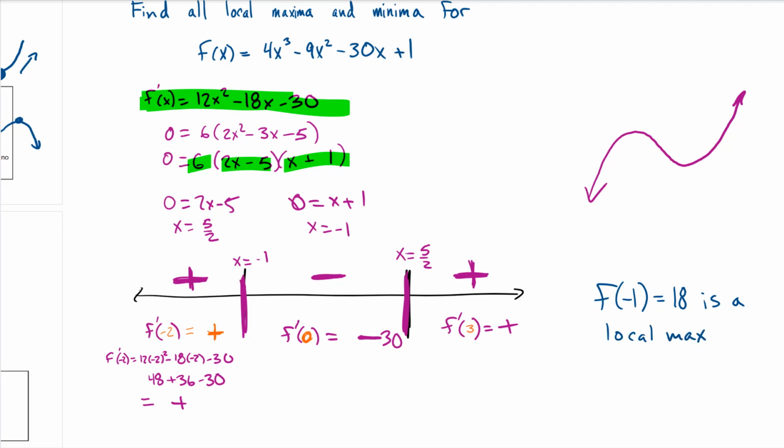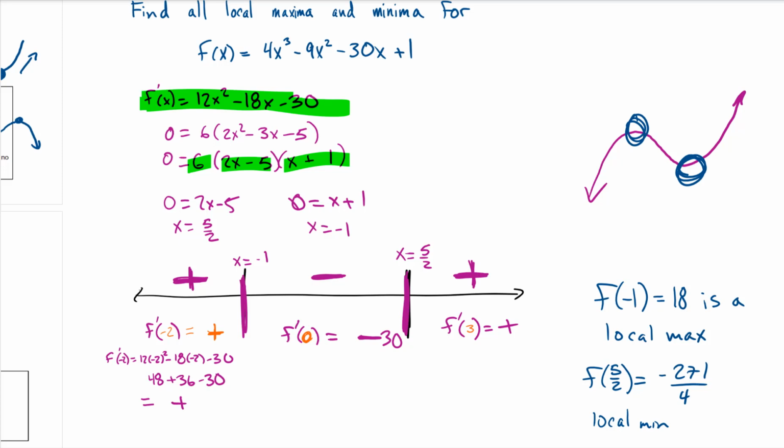And if you were to just say f of -1 was a local max, that'd be fine. And now we could say that f of 5/2, we'll find out what that is. Oh, found it. It's -271/4, clearly, right? But we've found it, and that is our local min. That would have been our valleys and our peaks.